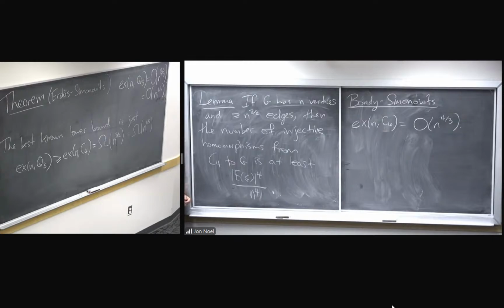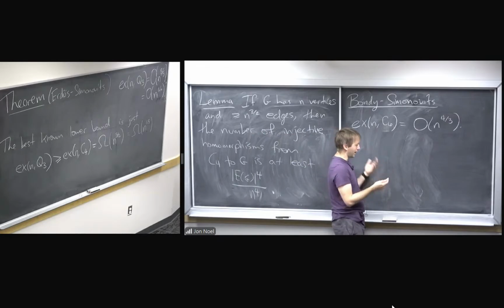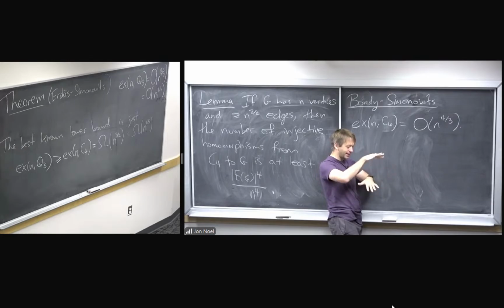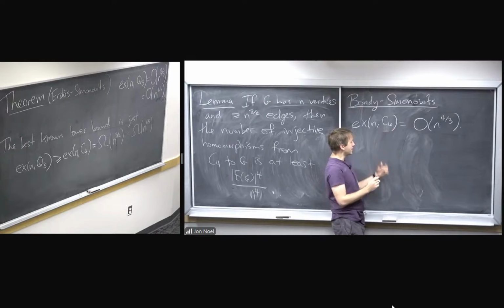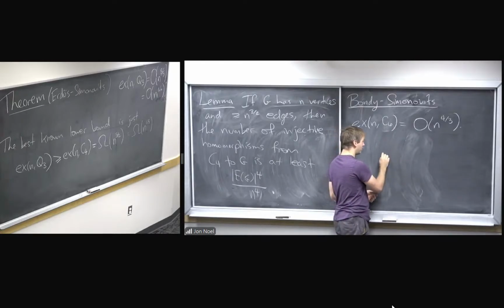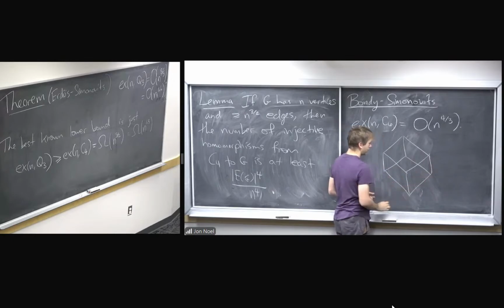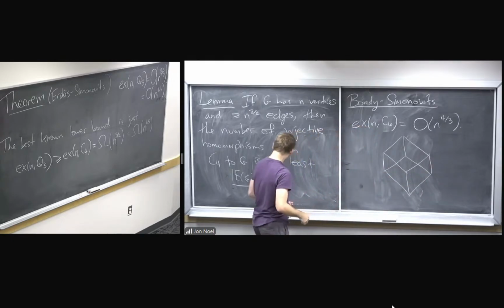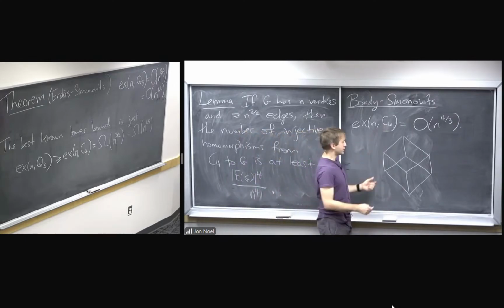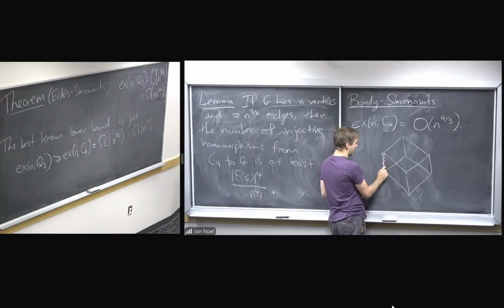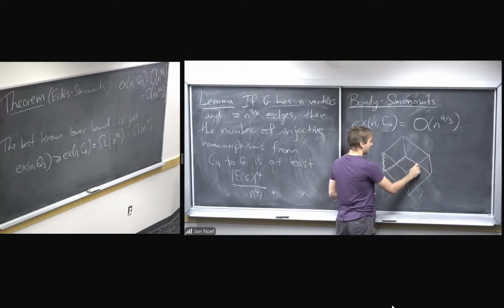Maybe just a hint about how this is relevant. Why would I care about 6 cycles and 4 cycles? I feel like 4 cycles are natural. A cube is made up of a bunch of faces that are 4 cycles, and somehow that should be useful. The 6 cycle thing, if I think about a cube, so that's my 3-dimensional cube, I'm going to use this result to find a 6 cycle in the middle of the cube.